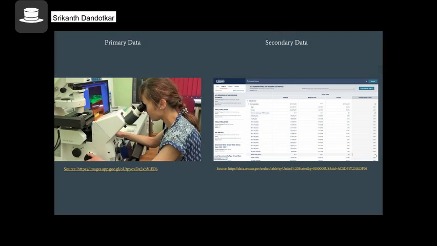Now the data itself can be categorized based on the nature of it. When we say nature, we are specifically referring to the source of it, into two different kinds: primary data and secondary data. Primary data refers to the data that is collected by you, the original data.